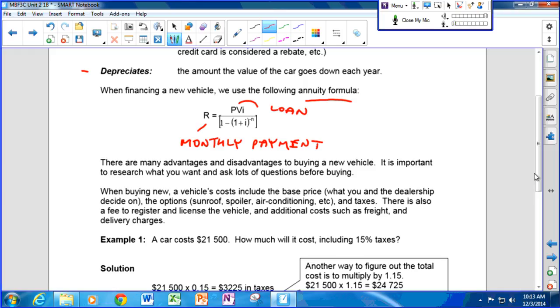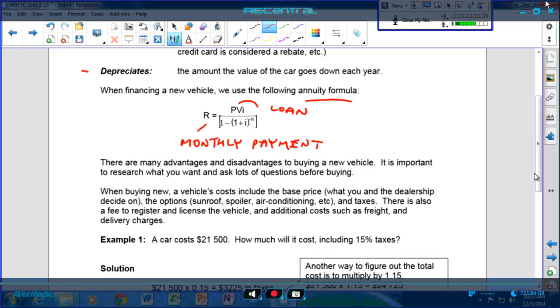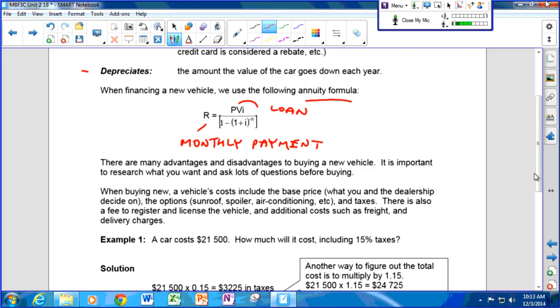A few years ago, I had a different course, but a similar thing, where my high school students went online and decided on a truck they wanted to buy, and then they were going to work out how much their payments would be. Well, one young man had so many options on his truck. It was $80,000, and his payments were outrageous, way more money than he could possibly make.